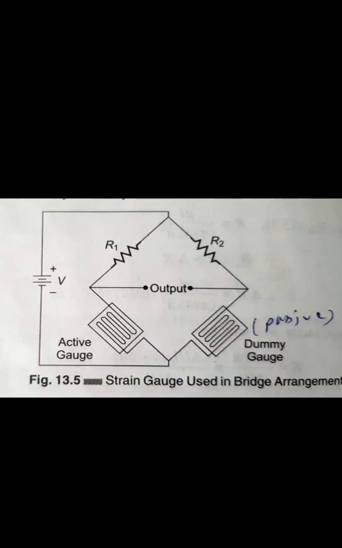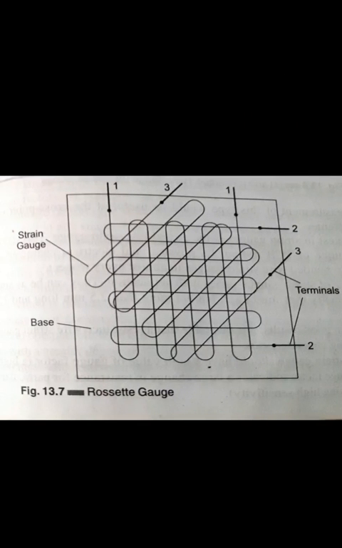The types of strain gauge wire are: the first one is the grid type, the second one is the rosette gauge, the third one is the torque type, and the fourth one is the helical type. In the grid arrangement, the wire element is a bonded strain gauge. This creates a problem for the unbonded strain gauge.